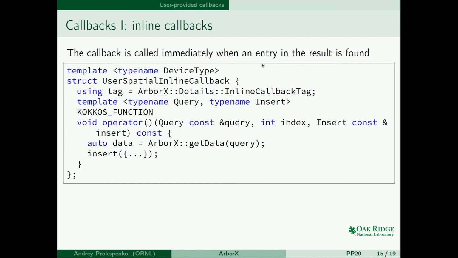We provide the insert, but we don't specify what insert is. You just need to either call it or not call it with your data. We also have functionality to attach data to the queries. It can be some global ID or some other data, and in the MPI context, that data will also be distributed along with the queries.